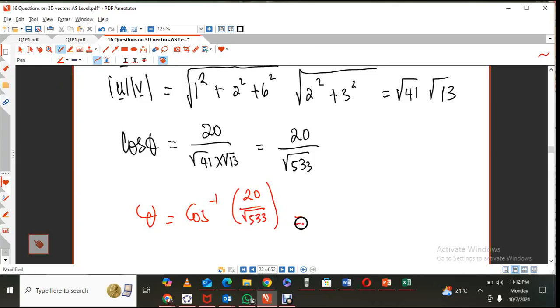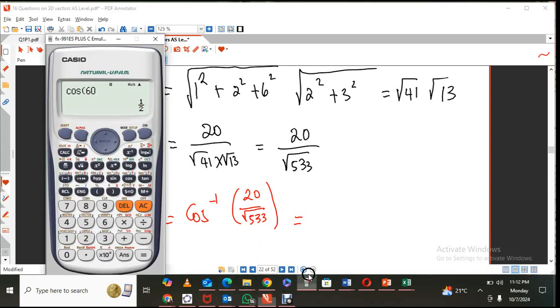Okay, and then you go ahead and punch that on a calculator. So we take the inverse cosine of 20 upon root 41, just so you can see, times root 13. Close the bracket, you get the answer.